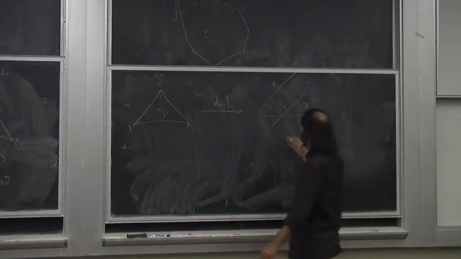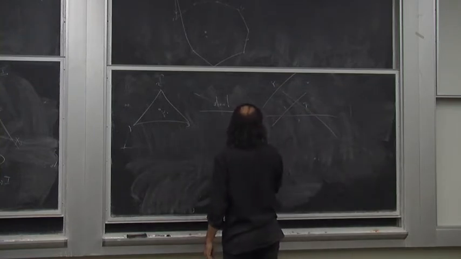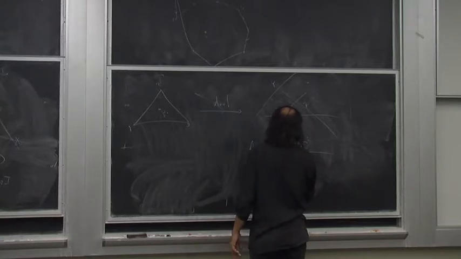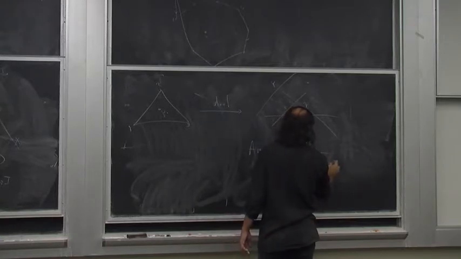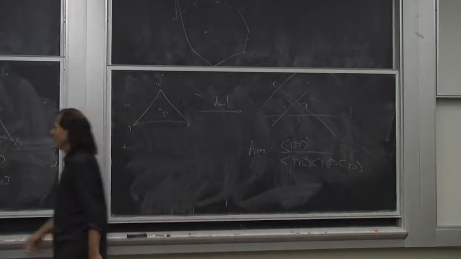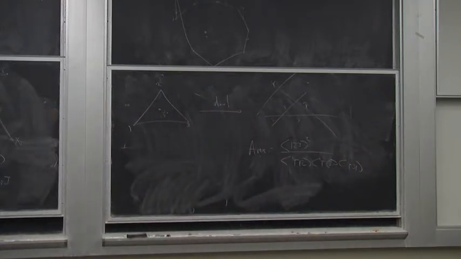And now the area of this dual triangle, with y as a reference at infinity, is exactly equal to that function that sits in front of the canonical form, where y plays the role of infinity. You see, this is exactly the same as that formula.